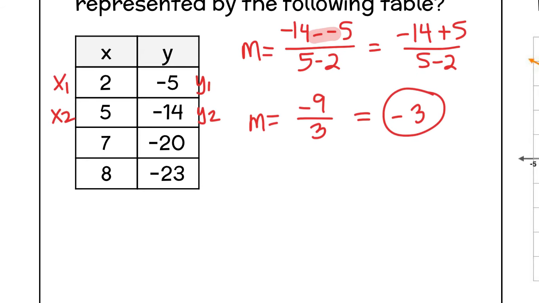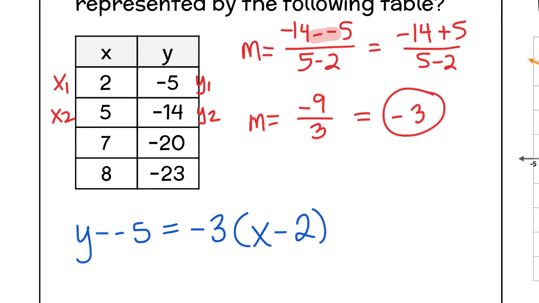So now that I have my slope, I'm going to plug it into slope intercept form. I'm sorry, point slope form. Y minus y1. Our y1 is this negative 5. Equals m, which we just calculated to be negative 3, parentheses x minus x1, which is 2.